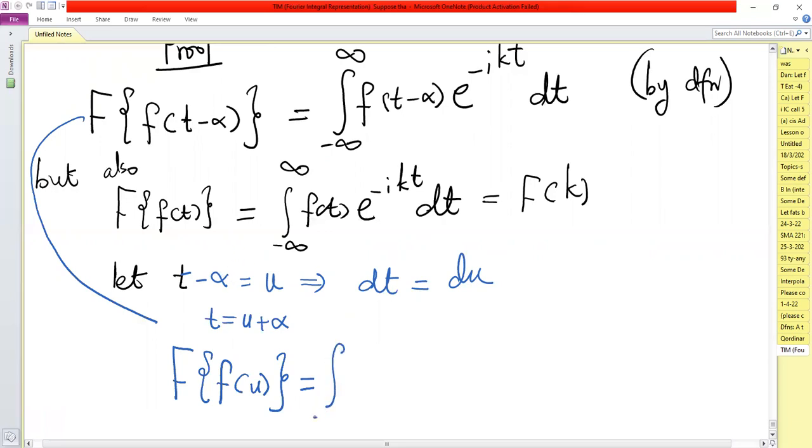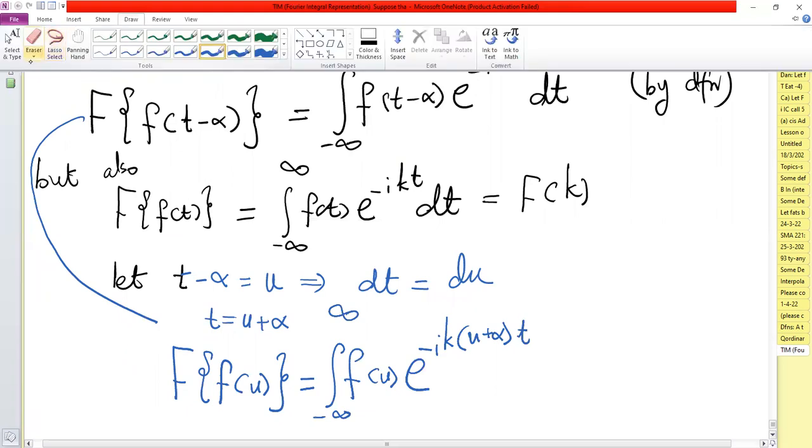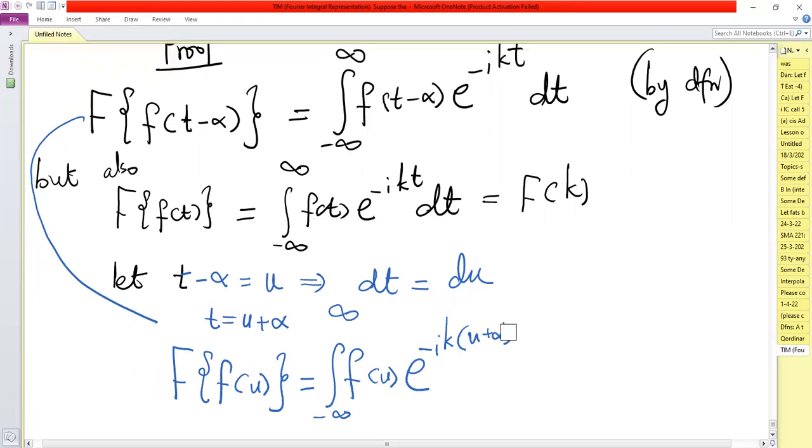So we'll have the integral from negative infinity to positive infinity of f of u e raised to power negative i k, but where there's t, we replace it by u plus alpha, and dt is just du.